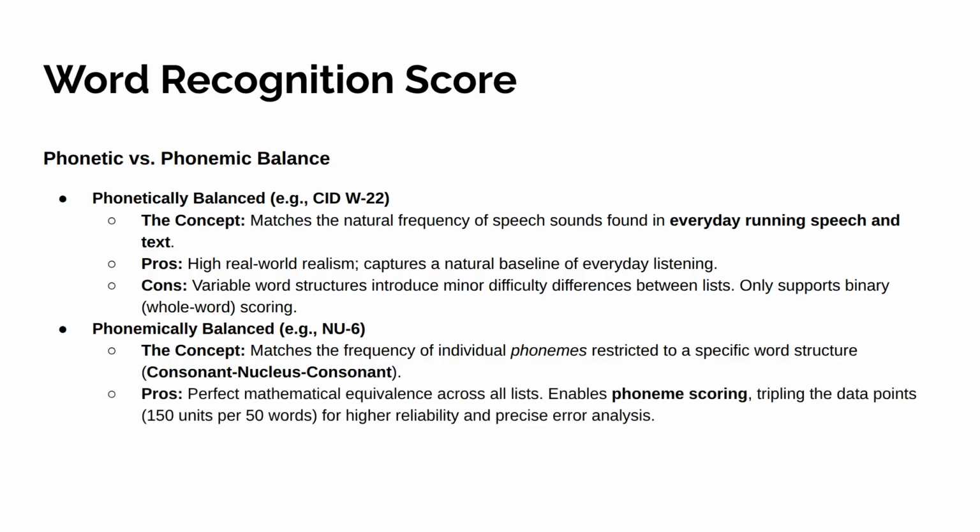The pros: perfect mathematical equivalence across all lists, and it enables phoneme scoring, tripling the data points, 150 units per 50 words, for higher reliability and more precise error analysis. The cons are that it's an artificial constraint. Real speech doesn't happen only in isolated CNC monosyllables.